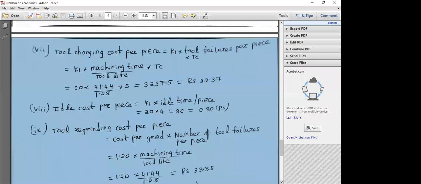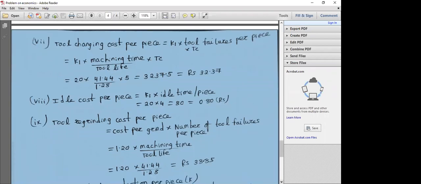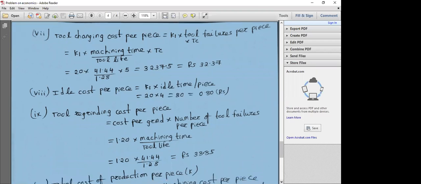I have already calculated that. Simply substitute that value here, because we are taking the fundamentals into consideration, that's why every time we write the formula for number of tool failures per piece. That is equal to some value, 38 rupees.